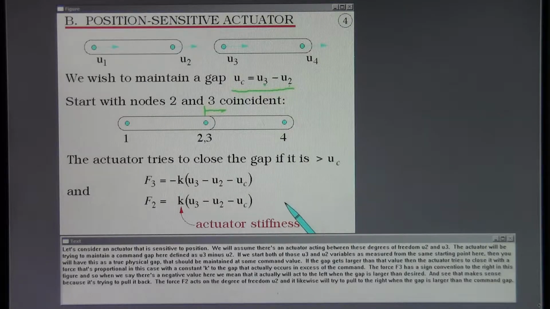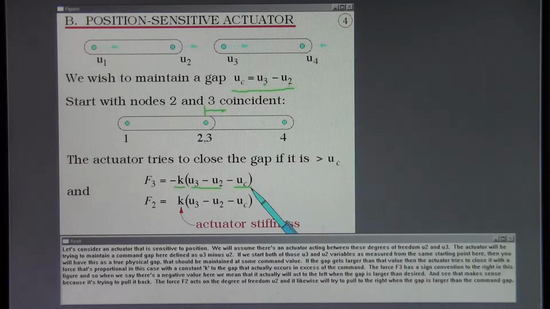If the gap gets larger than that value, then the actuator tries to close it with a force that's proportional, in this case with a constant K, to the gap that actually occurs in excess of the command.